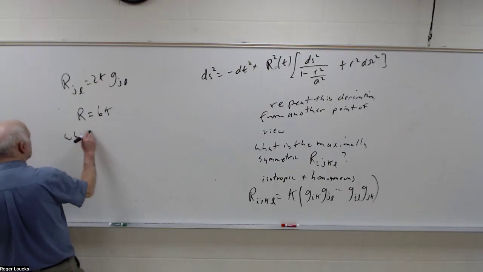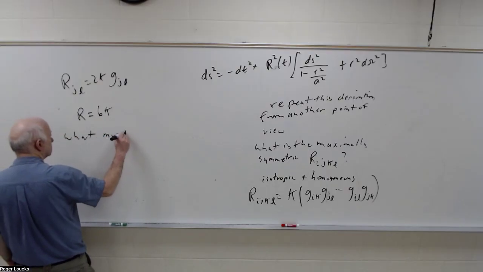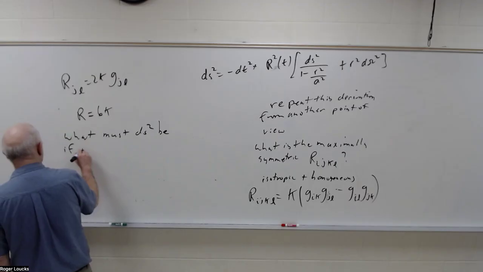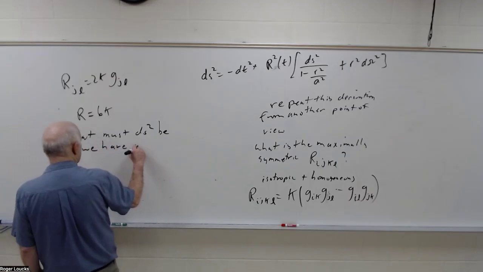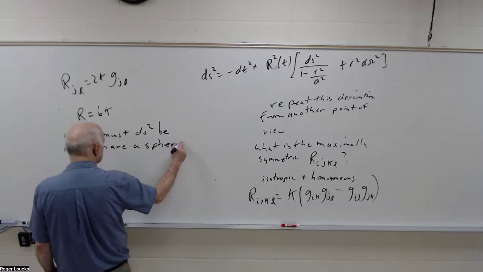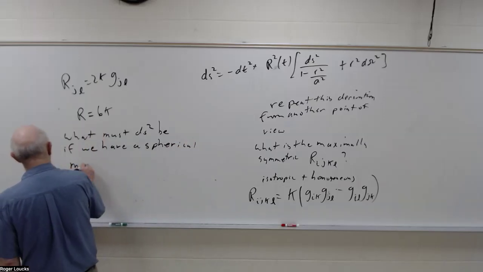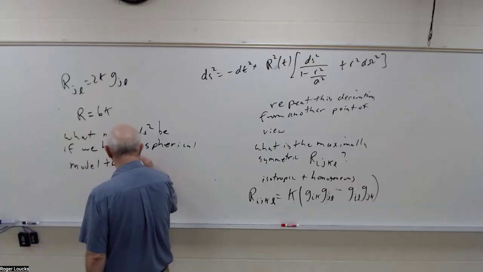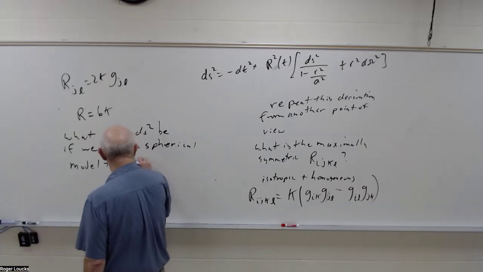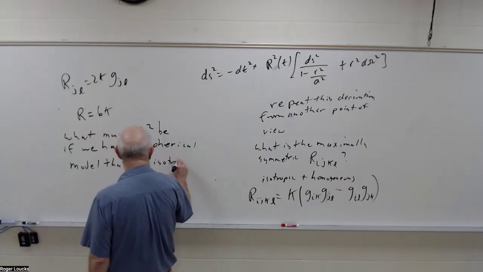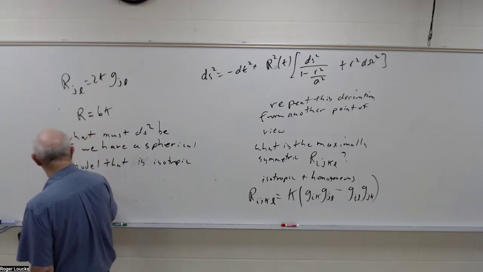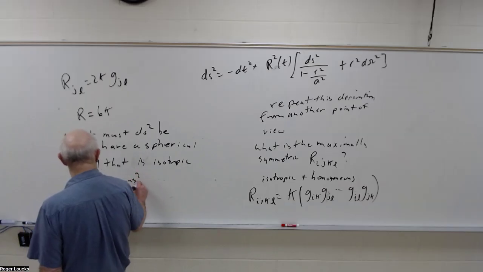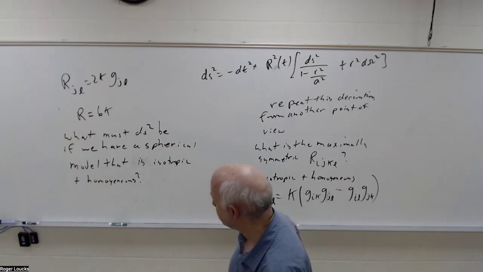Let's ask, what must ds squared be if we have a spherical model that is isotropic and homogeneous? And this is actually really clever.